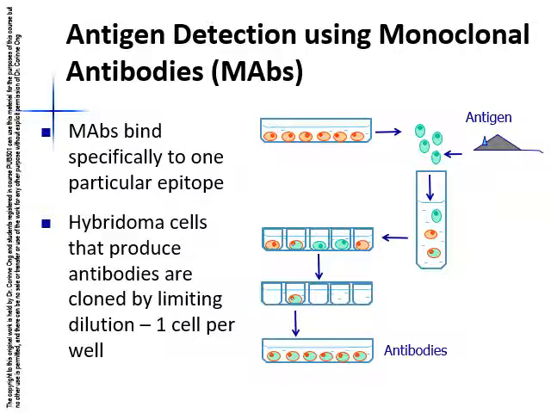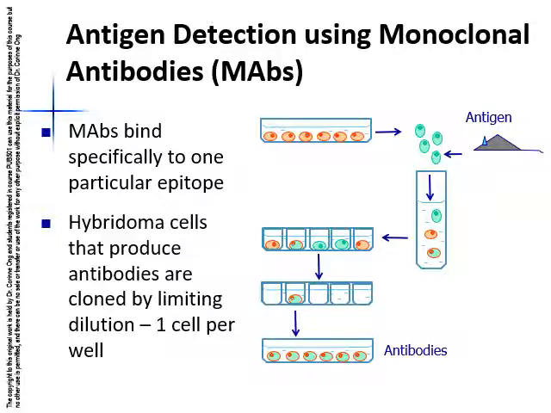In order to obtain only one type of antibody that binds specifically to only one epitope, the hybridoma cells were cloned. One method of doing this was using limited dilution, where a suspension of hybridoma cells was diluted to the extent that only one cell would be present in one well of a microtiter plate. This one cell then divided to produce 2 identical daughter clone cells.